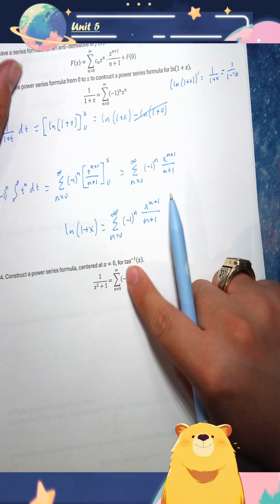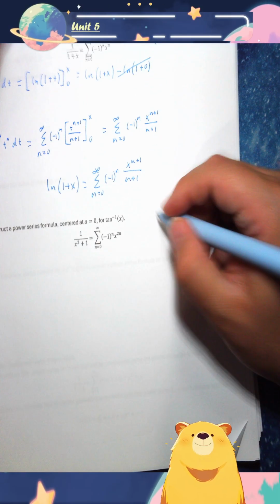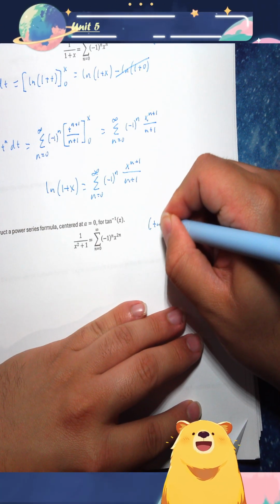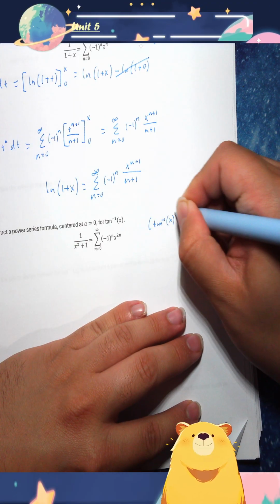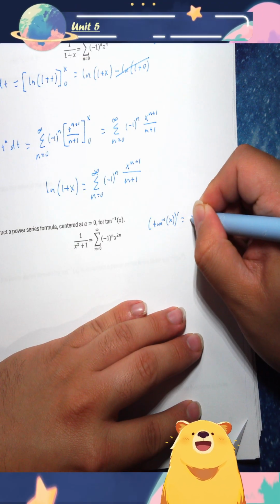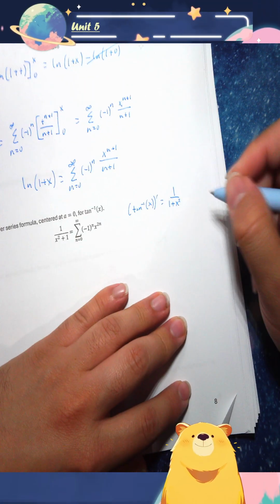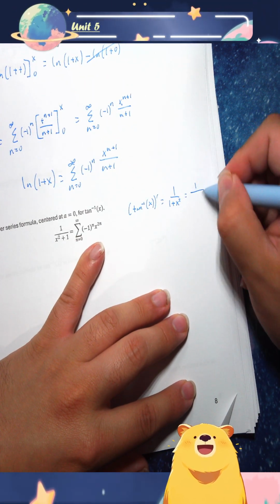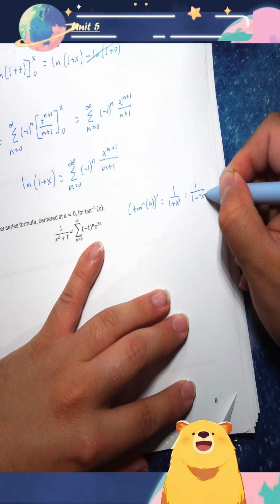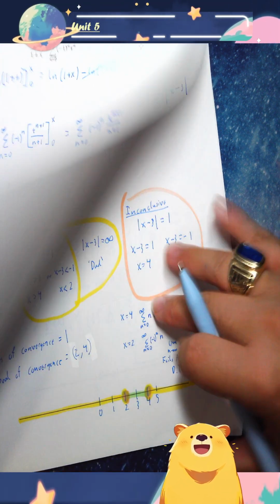This time with tangent inverse of x. And recall, because I already wrote it for y'all, tangent inverse of x's derivative is just 1 over 1 plus x squared. And again, you can write 1 over 1 minus a negative x squared. And we saw this, I believe.